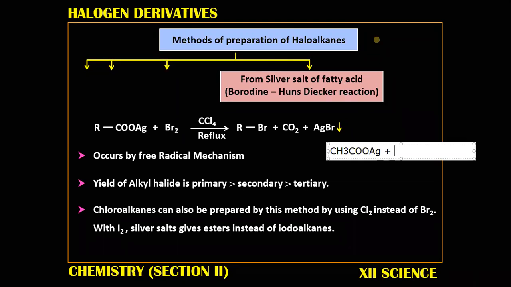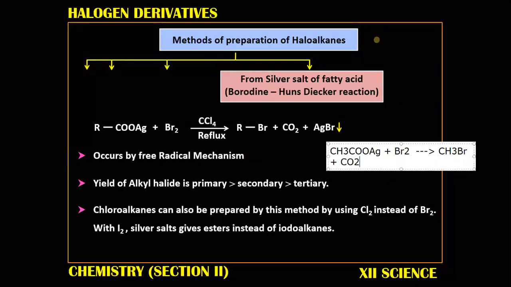When silver acetate reacts with bromine, we'll get methyl bromide, carbon dioxide, and silver bromide.